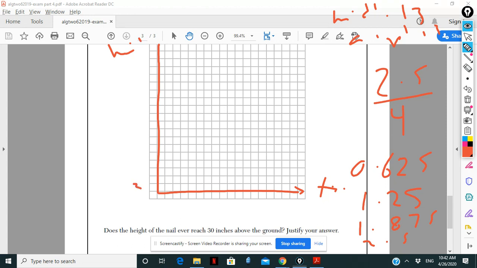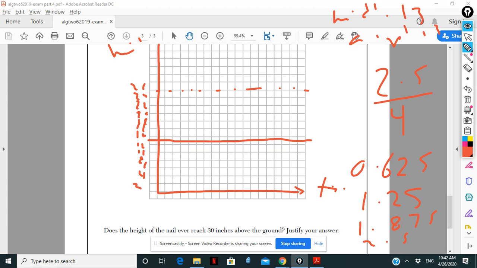So 2, 4, 6, 8, 10, 12, 14. In the middle, that's my midline. Now 14, 16, 18, 20, 22, 24, 26. That's going to be my maximum.